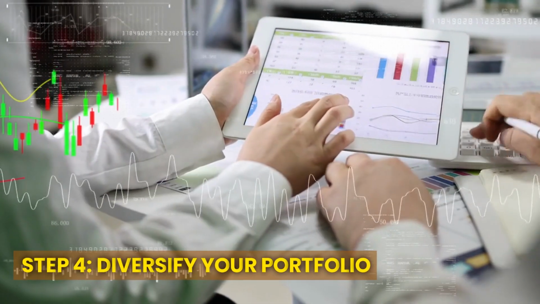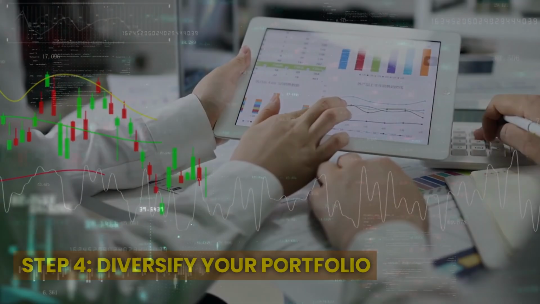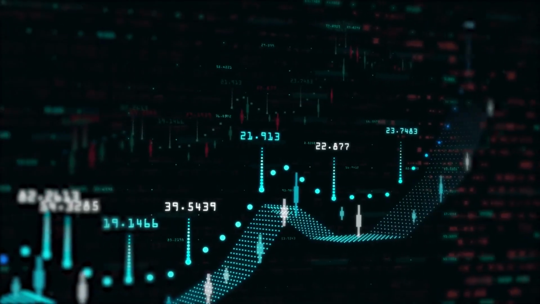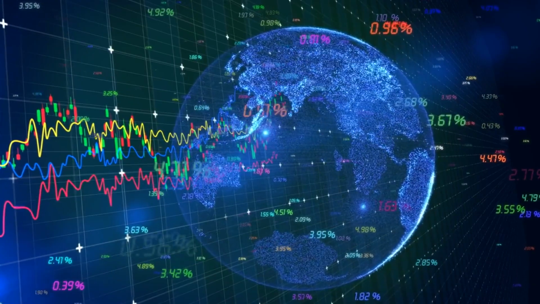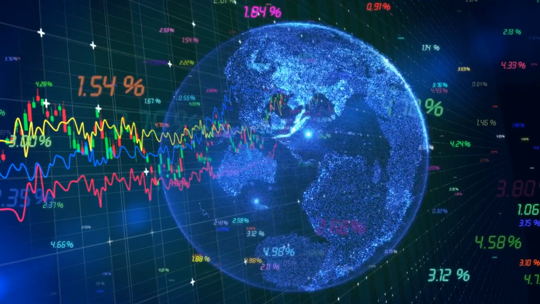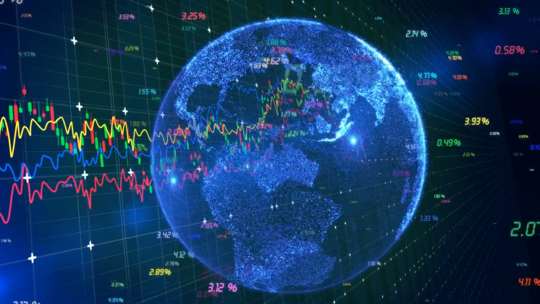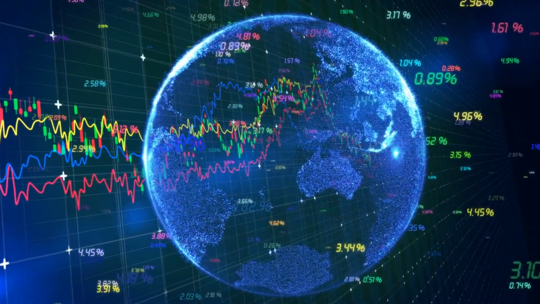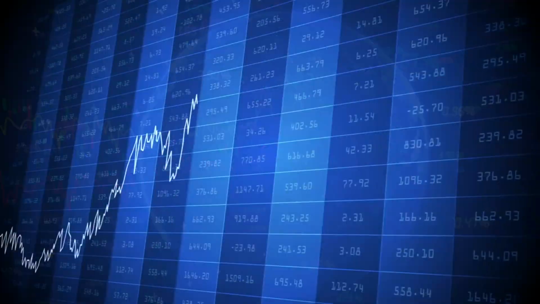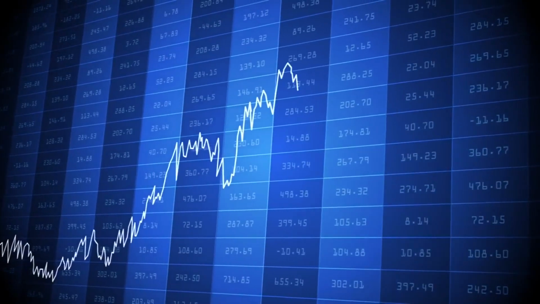Step 4. Diversify your portfolio. A key principle of investing is diversification. By spreading your investments across sectors, industries, and geographies, you can reduce the impact of poor performance from a single stock or industry. How to diversify a high-yield portfolio.